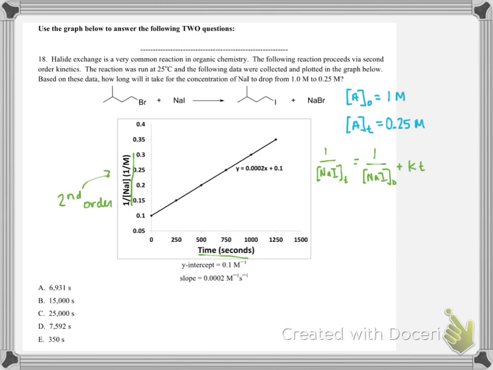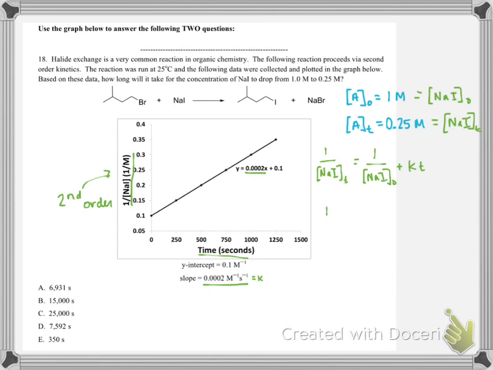So I have my initial sodium iodide concentration of 1 molar and my later concentration of 0.25 molar. We're trying to figure out how long it'll take for this change to happen. I'm solving for t, and I'm also going to need to figure out k. I'm going to get k from the slope of the graph, because if we think about 1 over concentration as the y-axis, and time as the x, then plus k will be my slope.